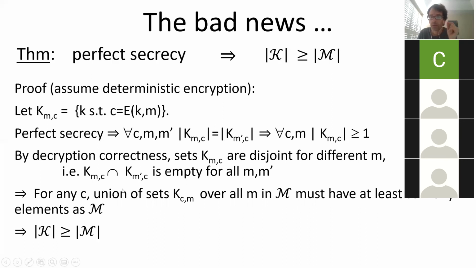The key moments in this proof were perfect secrecy, so that these key set sizes are the same, so none of them is empty, and decryption correctness, which means that they are non-intersecting. As a bonus, a more advanced homework problem, you will see that if you relax either secrecy or correctness in some way, then you can beat this bound.